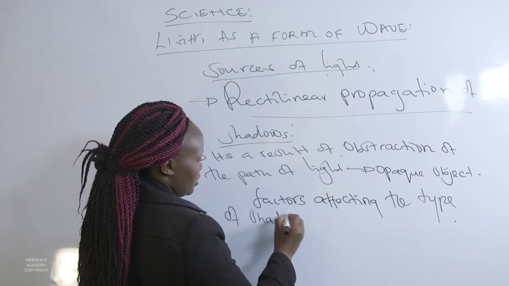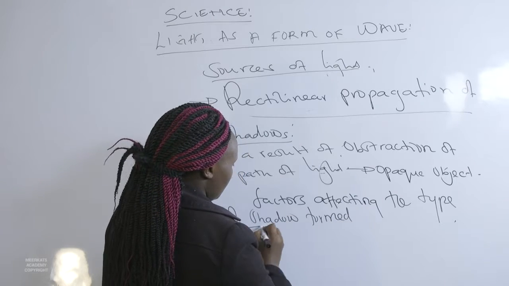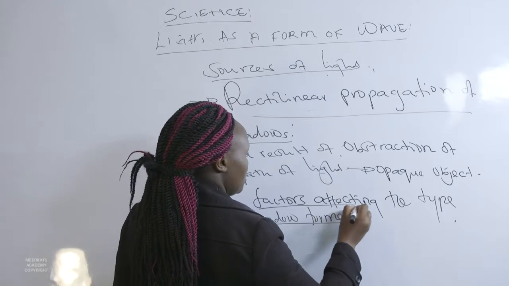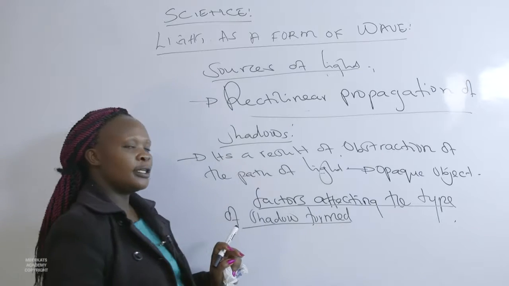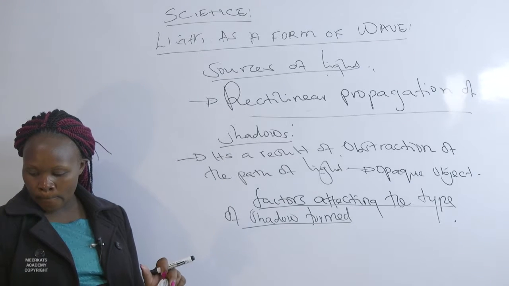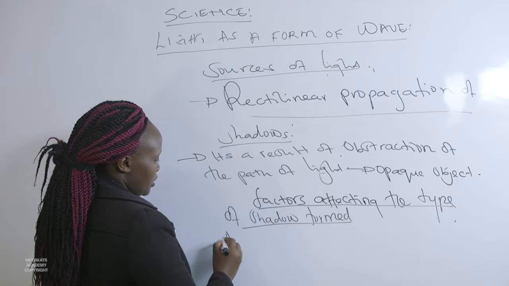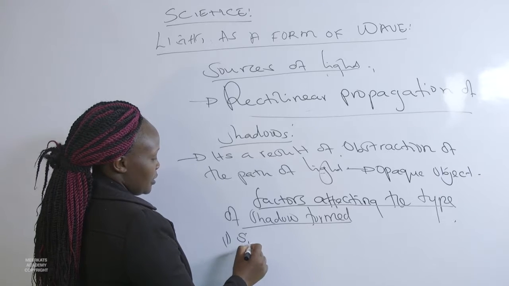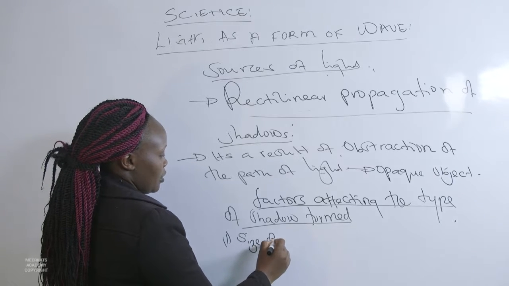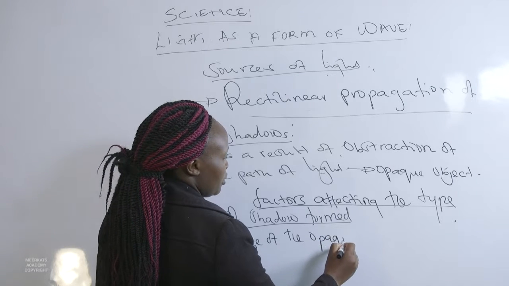There are some factors that will actually affect the type of shadow formed, and they are about 3. Number 1 is the size of the opaque object.